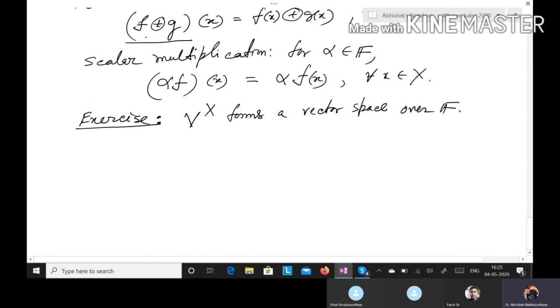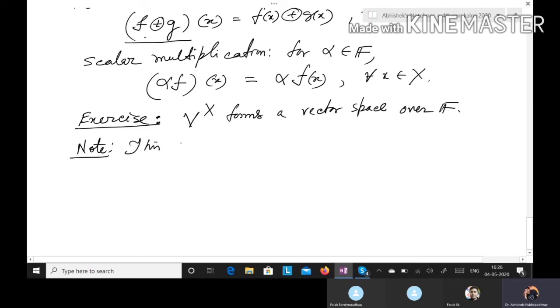So this example provides you a plenty of vector spaces by choosing different sets and also different vector spaces. And this example gives you a fruitful source of constructing new vector spaces from the previously known examples of vector spaces. So we must note it down.